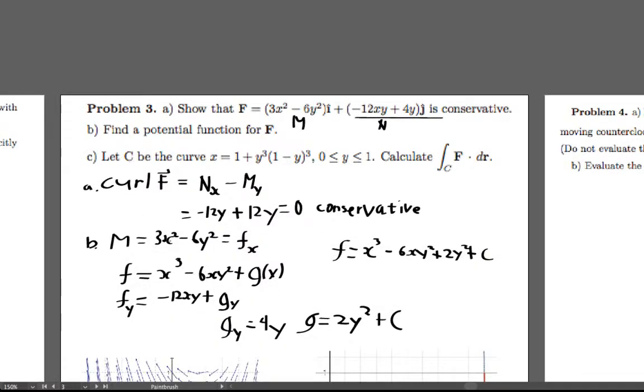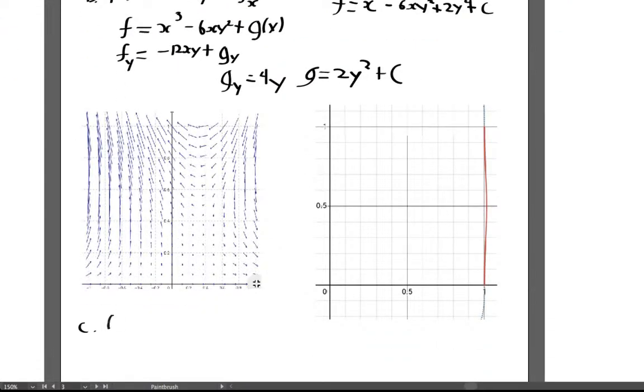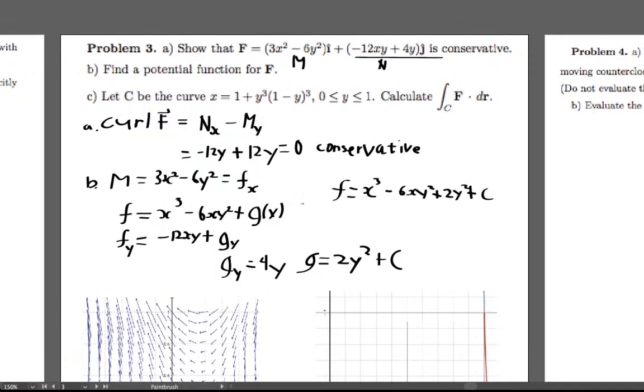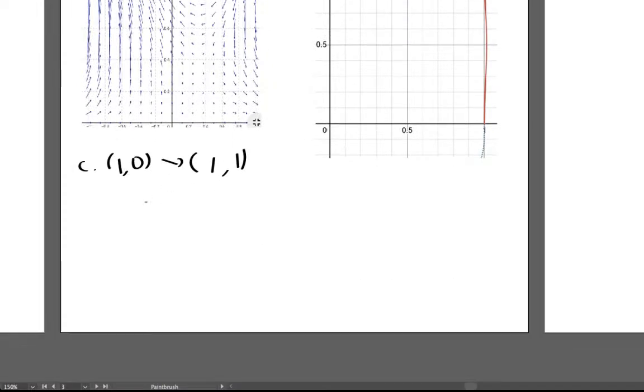So you just plug in x equals 1. You get 1, 0 from the initial, and then it goes to 1, 1.